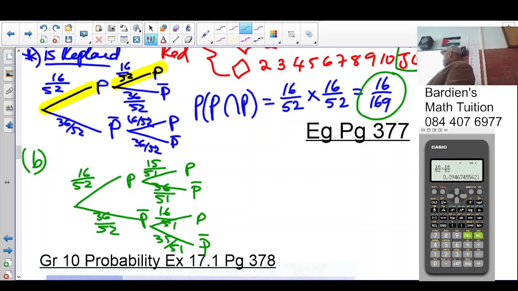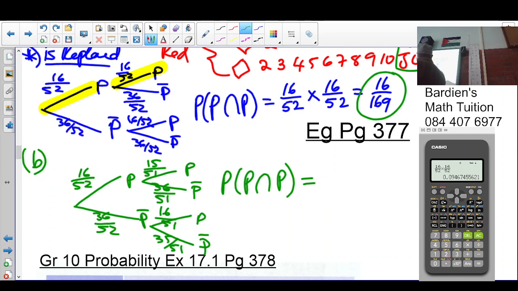If I'm looking at the probability of two picture cards in my second draw, you're looking at 16 out of 52, and the other one was 15 out of 51. Which fraction is larger?